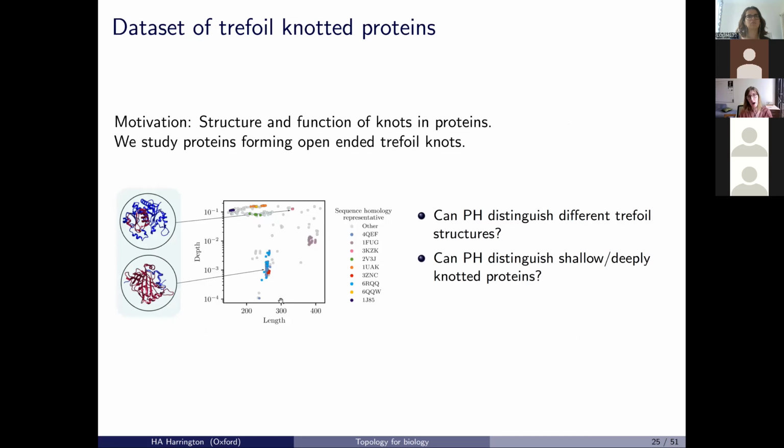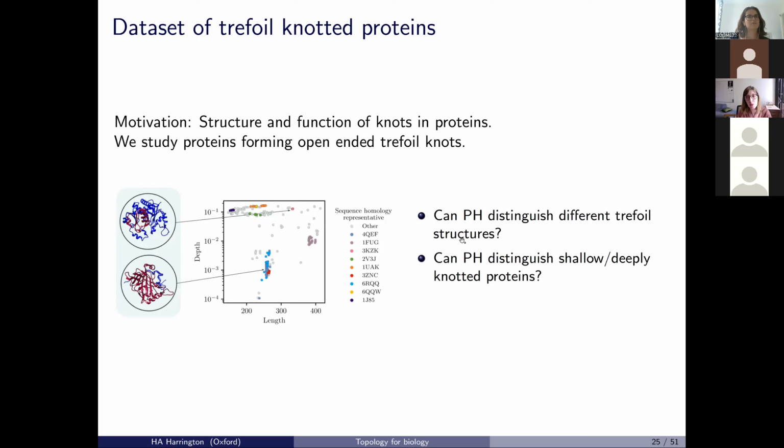And so if we look at trefoils, trefoil knotted proteins, one interesting thing is that the stability of the protein increases when they're knotted. So one question in general, the motivation is, what's the structure and function of knots in proteins? So we look at these open-ended trefoil knots.